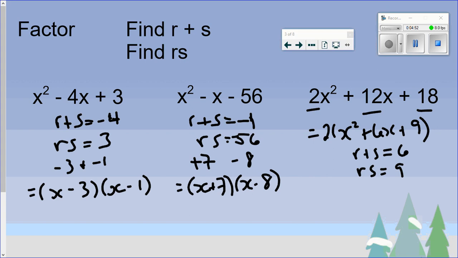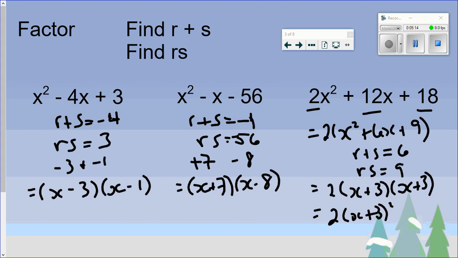We need two numbers that multiply to 9 and add to 6. Those are the same, so we're going to rewrite it as a squared.